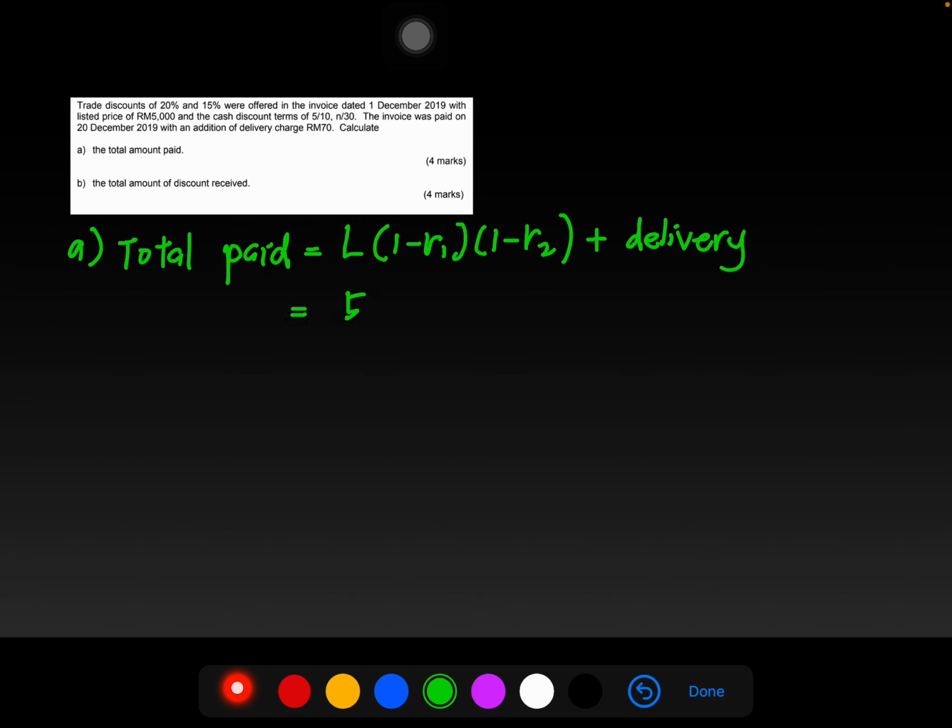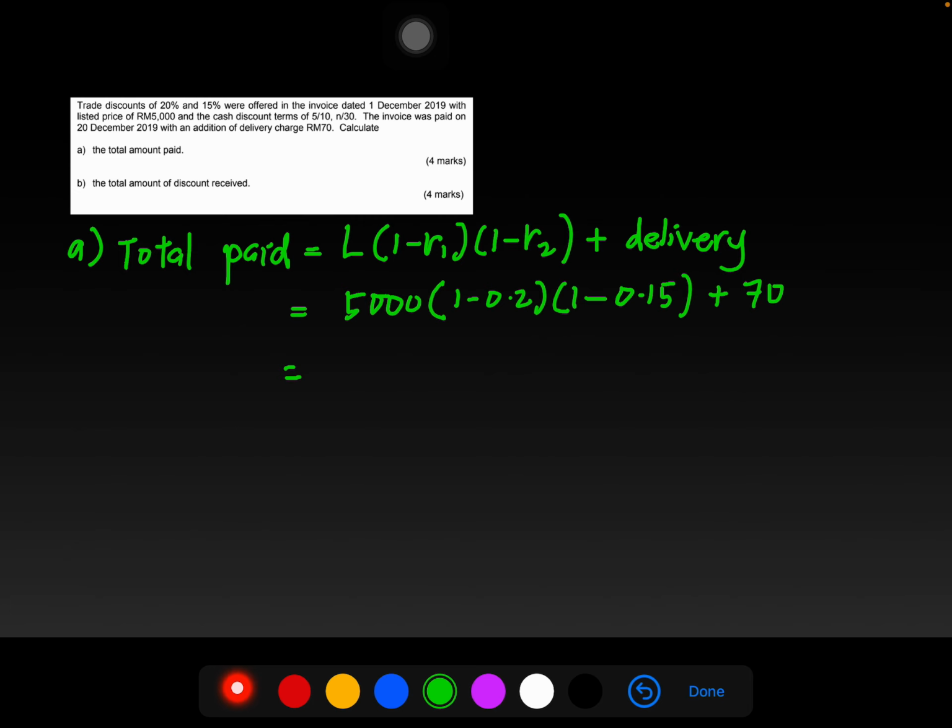So you just have to put the values correctly. So we have 1 minus 0.2 and then multiply 1 minus 0.15, and then at the end add 70 ringgit delivery charge. Right? So we put this in the computer or calculator.